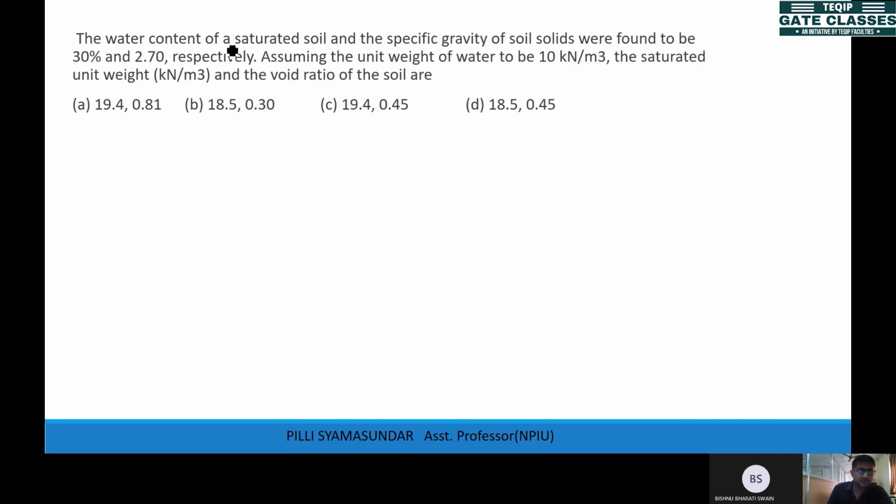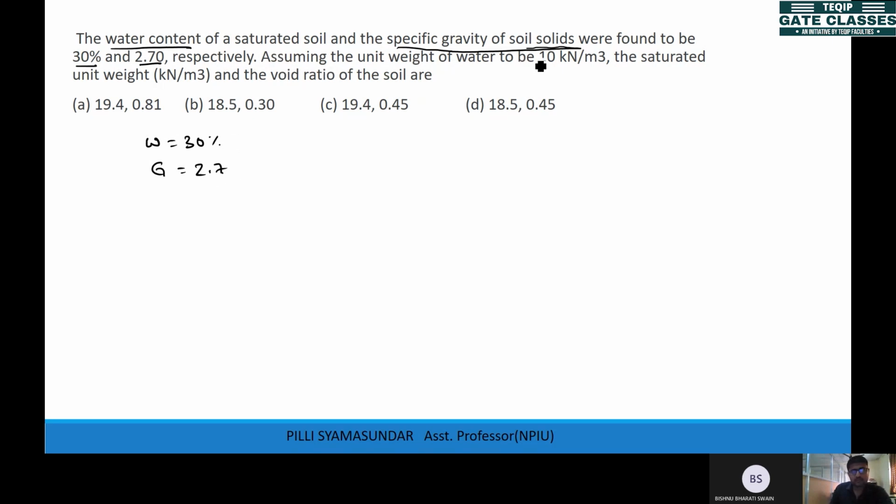Okay, this is one more question. The water content of saturated soil and the specific gravity of soil solids were found to be 30% and 2.7. So the first value is water content, and then specific gravity of soil solids, so G is 2.7.